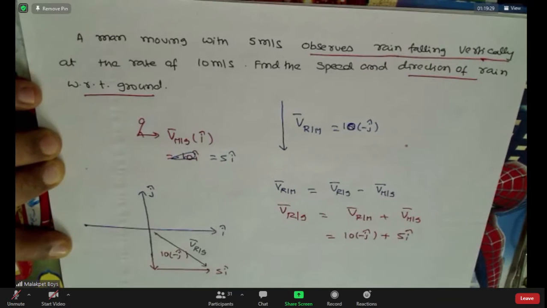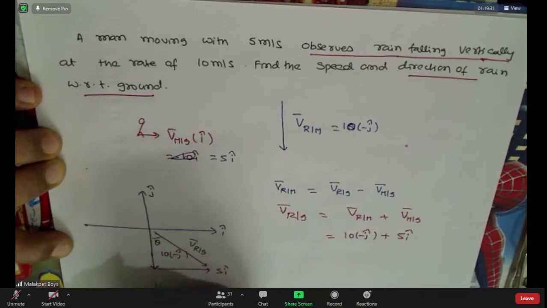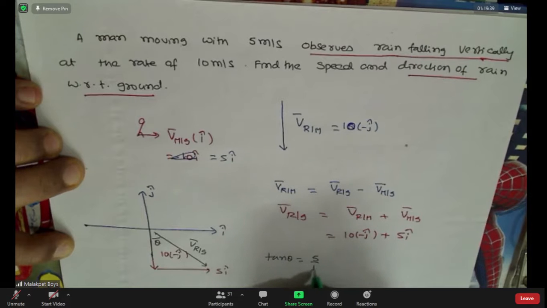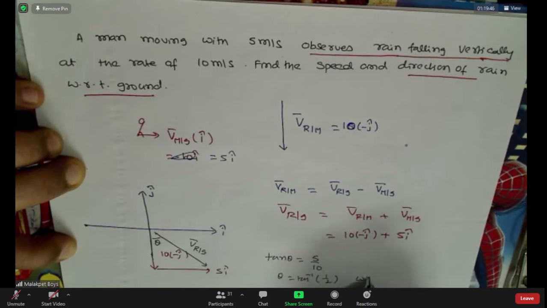This makes an angle of theta, for example. What is tan theta you want? With vertically downward.